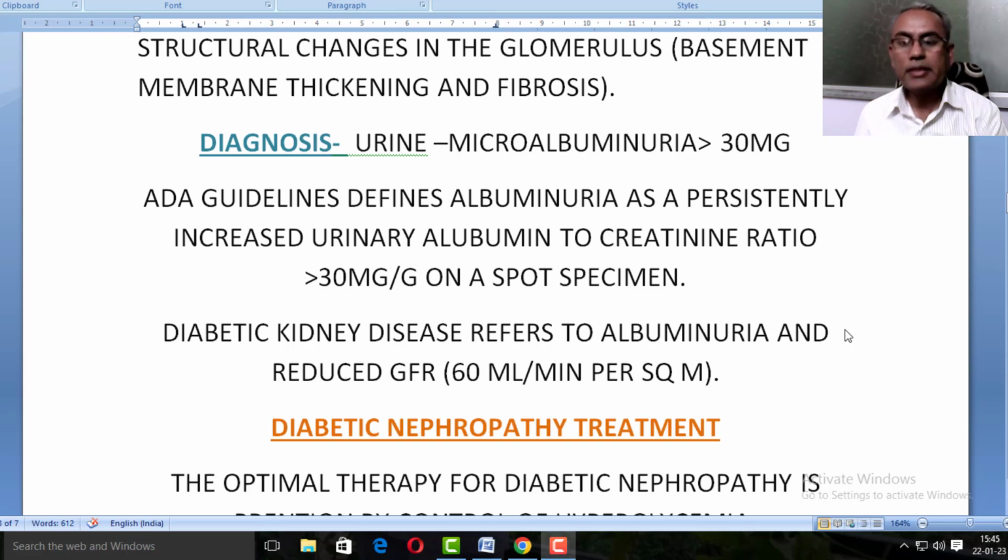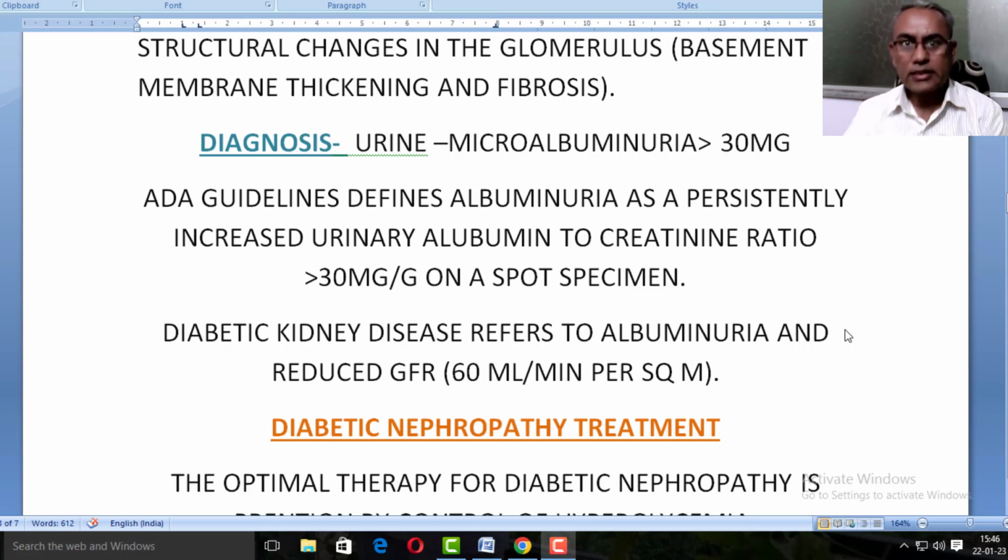Or diabetic kidney disease refers to albuminuria and reduced GFR, that is less than 60 ml per minute per square meter of the body. Then you diagnose that individual as diabetic nephropathy.